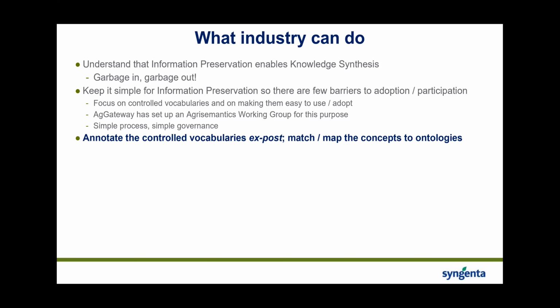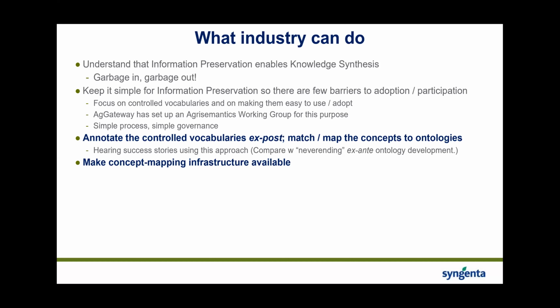We also need to take the opportunity to annotate the controlled vocabularies after the fact. So let's match or map these concepts in the controlled vocabularies to ontologies so that we can enable the more sophisticated approach. And we're hearing some success stories about this.